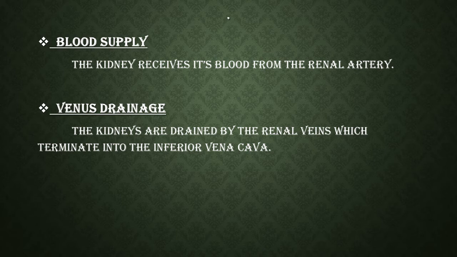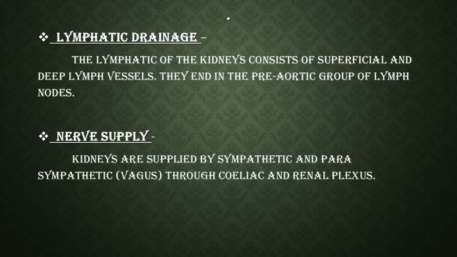The kidney receives its blood supply from the right and left renal arteries, which are direct branches of the abdominal aorta, and it is drained by the renal veins, right and left, which terminate into the inferior vena cava. The lymphatics of the kidney consist of superficial and deep lymph vessels.